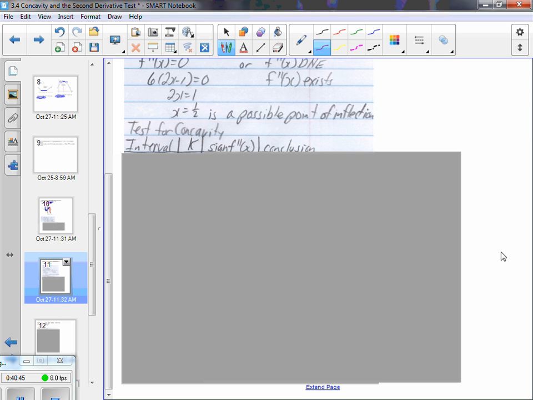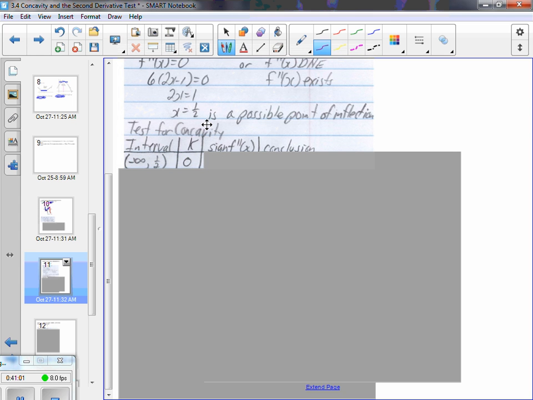All right, now, what would be the appropriate intervals for us to be worrying about concavity for this particular function? From negative infinity to 1/2. Because, remember, the only place the concavity can possibly change is at x equals 1/2.